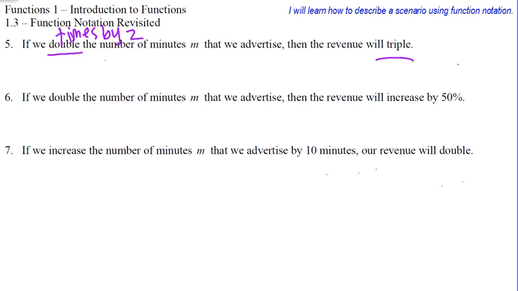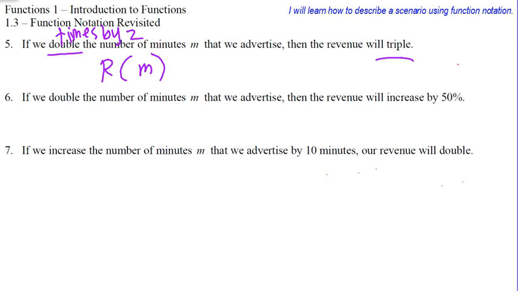What do you think? All right. So we are doing something with the minutes and something with the revenue. There are too many things going on in here, right? Okay, let's start. Of course, I'm going to start with R of M. But then it says that we have to double the minutes. I want to show you two things.